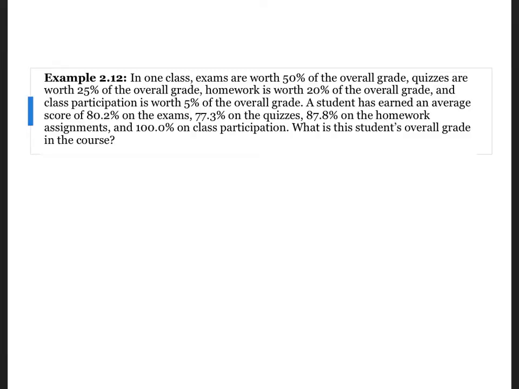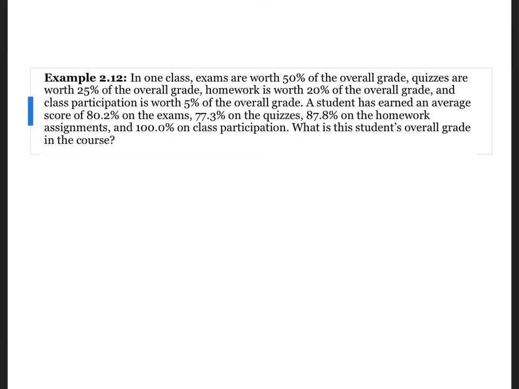A student has earned an average score of 80.2% on the exams, 77.3% on the quizzes, 87.8% on the homework assignments, and 100% on class participation. What is the student's overall grade in the course?